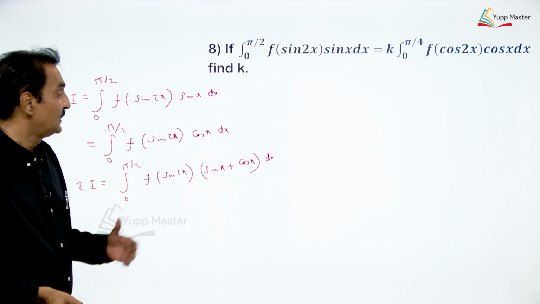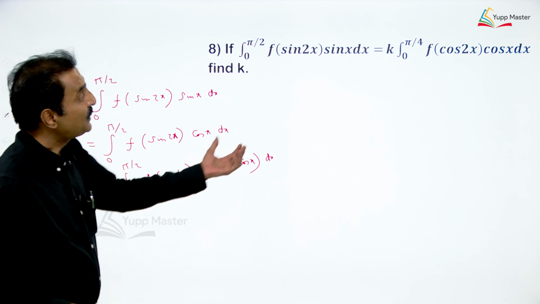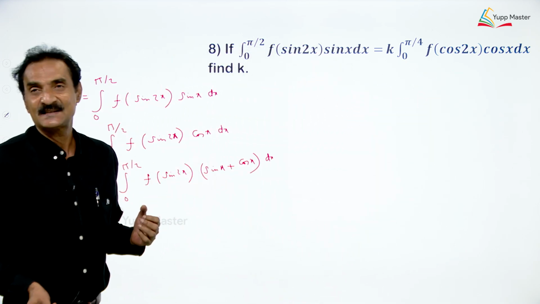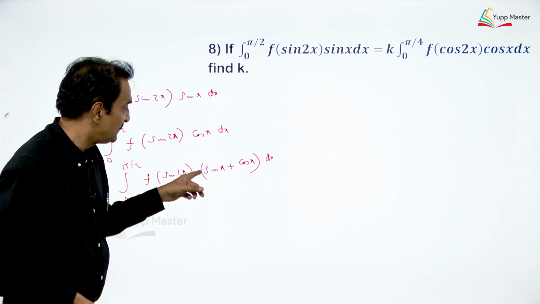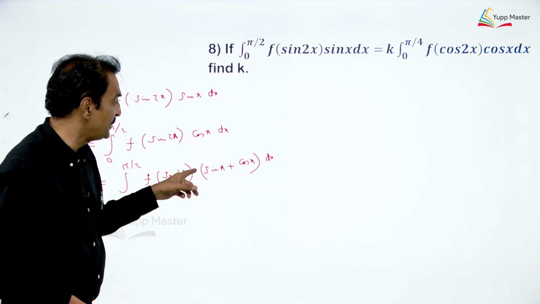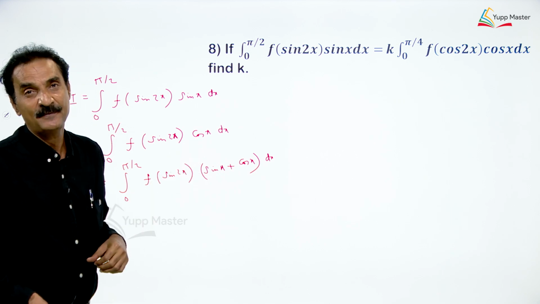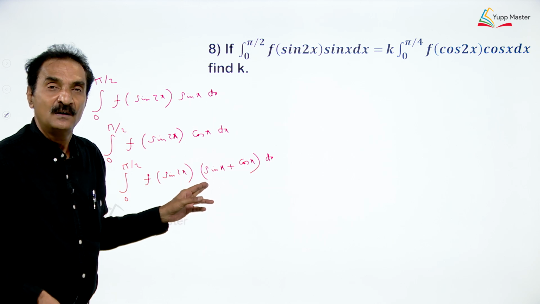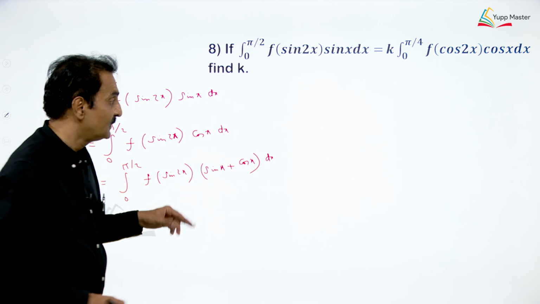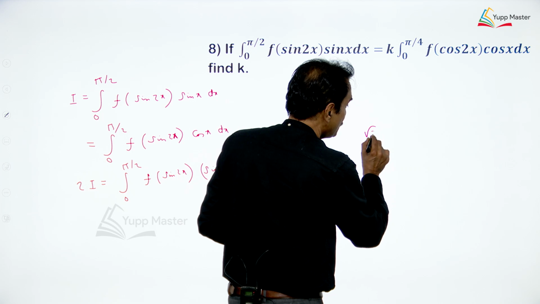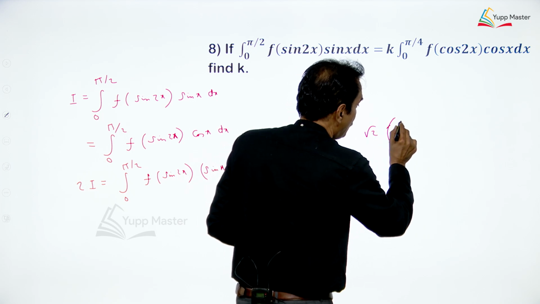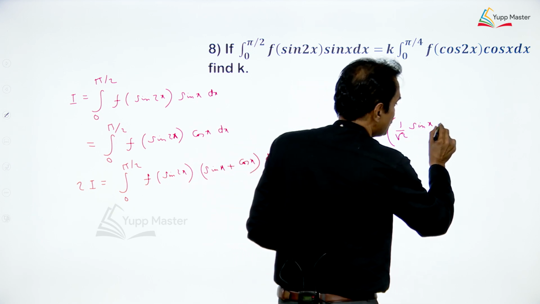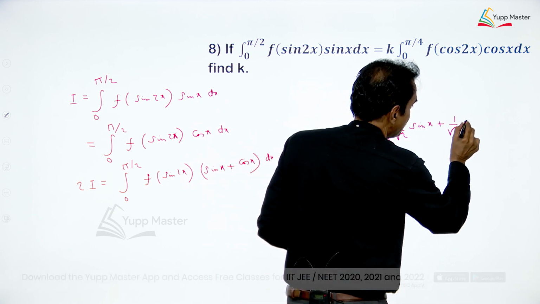Now, we have to simplify it to this form. We can write sin x plus cos x as root 2 into sin of x plus pi by 4, or we can write it as root 2 into cos of, if you multiply and divide by root 2, what happens? Root 2 into 1 by root 2 sin x plus 1 by root 2 cos x.